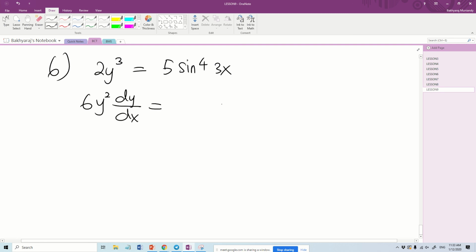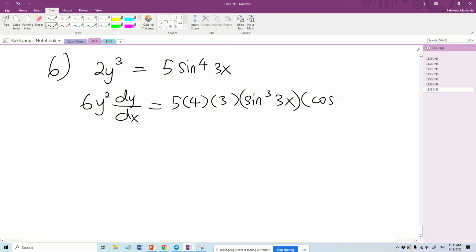Sama dengan, and this time you get 5 times 4, correct, times 3, very good. Okay, 5 times 4 times 3, because 5 power of 4, power dia turun bawah, and then a kena keluar. So 5 times 4 times 3, and then sin power of 3, 3x, correct, times, correct, cos 3x, very good.